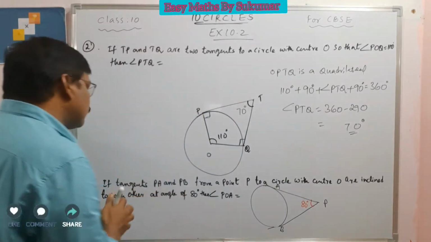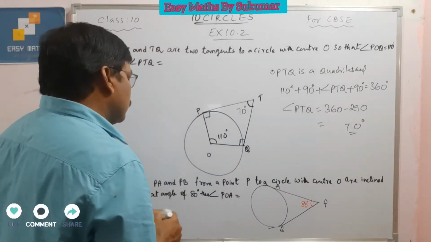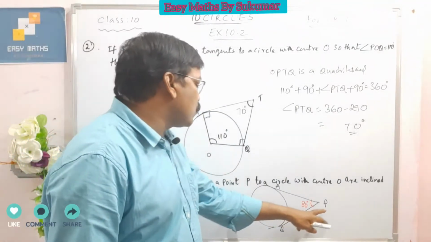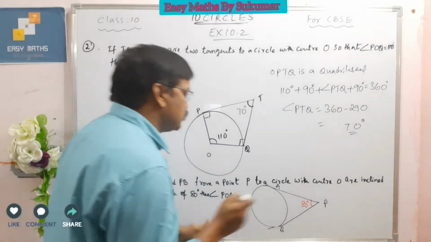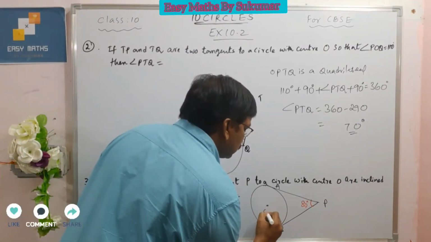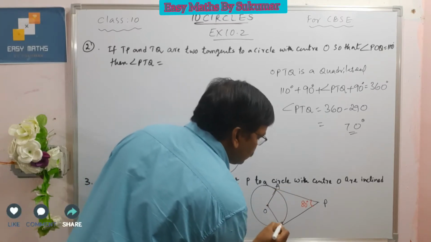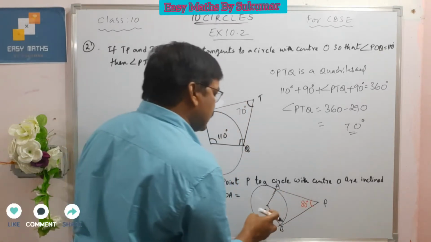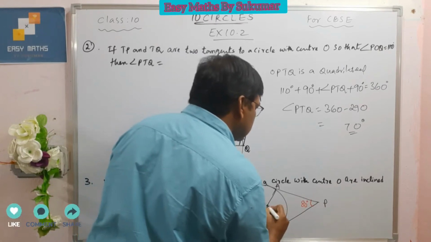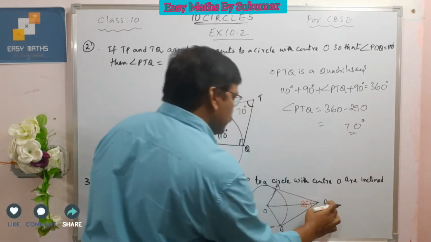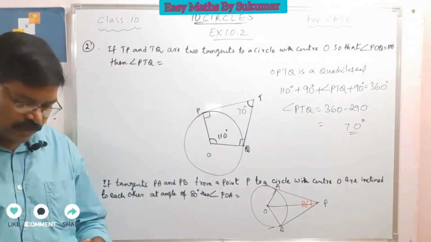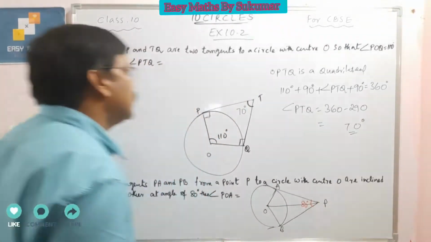Now what we have to find here? Find angle POA. So here this is the center of the circle. Just join this OA and OB. So we have to find angle POA. Just join this line also, PO. So what is angle POA here?